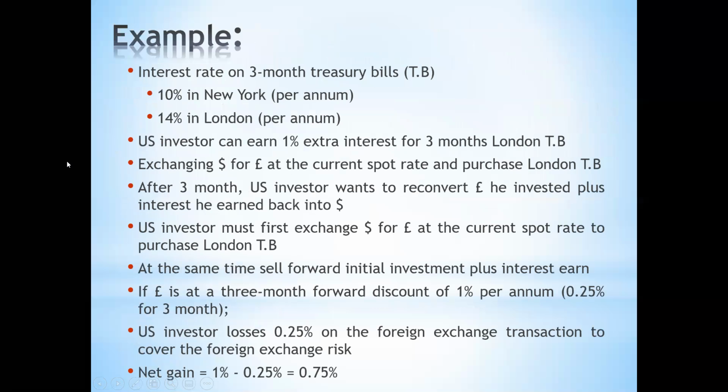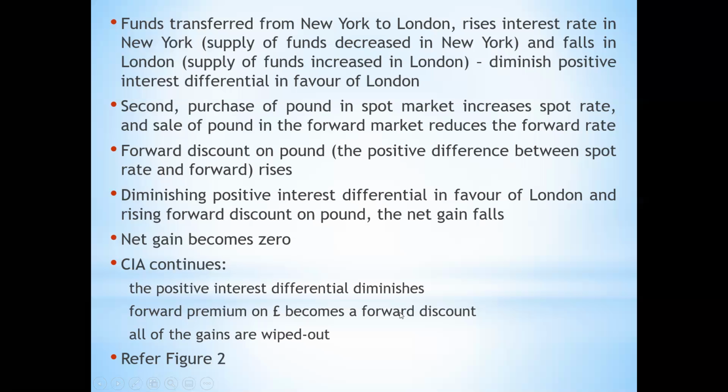Initially I explained that because of the interest rate differences, the pound should be at a forward discount. Now you need to know why it has a forward discount: because of this point. That's why we call it interest arbitrage parity.